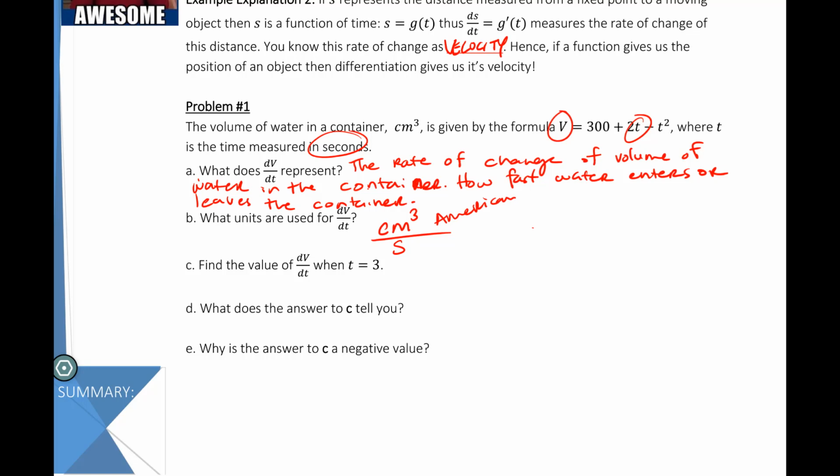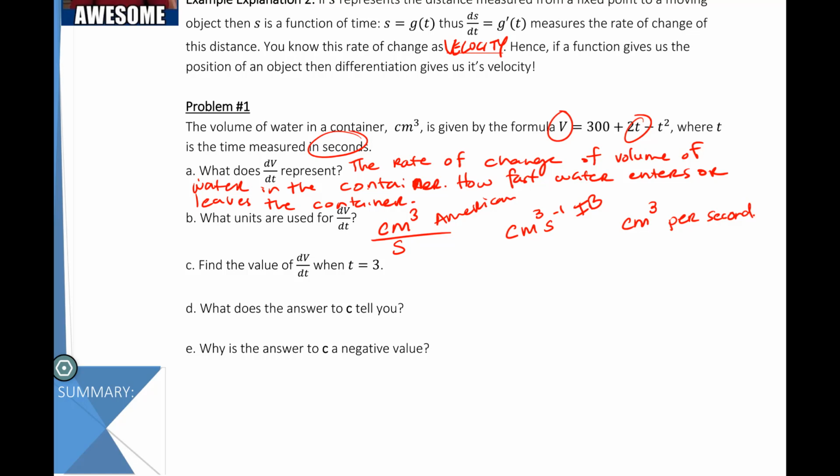However, we know that the IB folk can be a little fancy sometimes, and they like to use negative exponents instead of fraction bars. So this is the IB way of writing it. But the English way of saying this is very simple, right? It's going to be gaining a volume, centimeters cubed, per second. That's how we describe velocity or rate of change. It's something that's happening per unit of time.